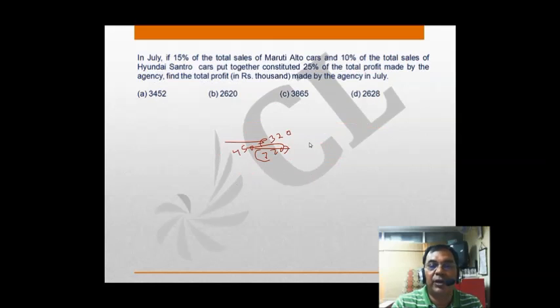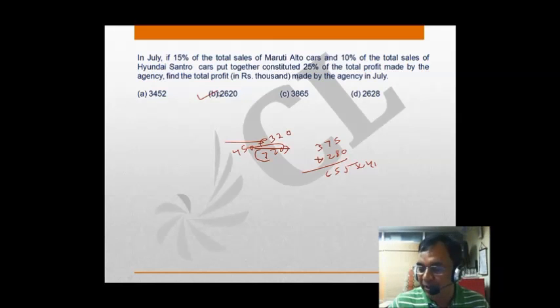So here it is 375 plus 280, so that makes it 655 into 4. So that means this is 2620. That will be the answer. As a simple logic, you can analyze that it can be done.